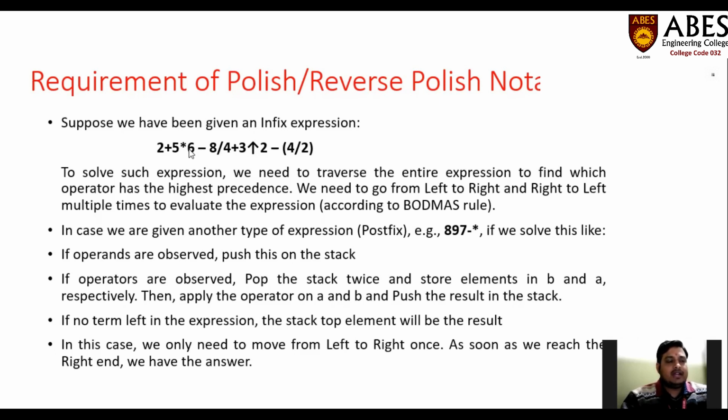After evaluating that, we again traverse to find the next operator to be evaluated. Like this, we have to scan the expression many times. This process can be optimized by using Polish or reverse Polish notations.